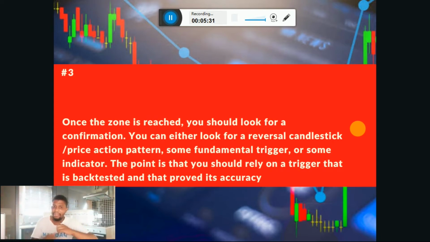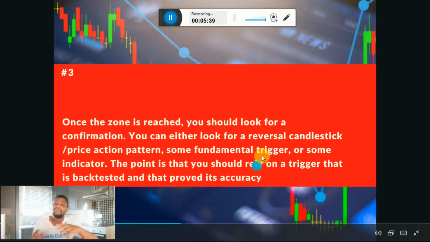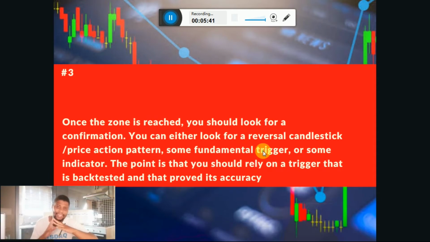Then after you've looked for your trigger, you should try to backtest that information before you place it on a real trade. Make sure it is backtested before you place it on an actual trade.